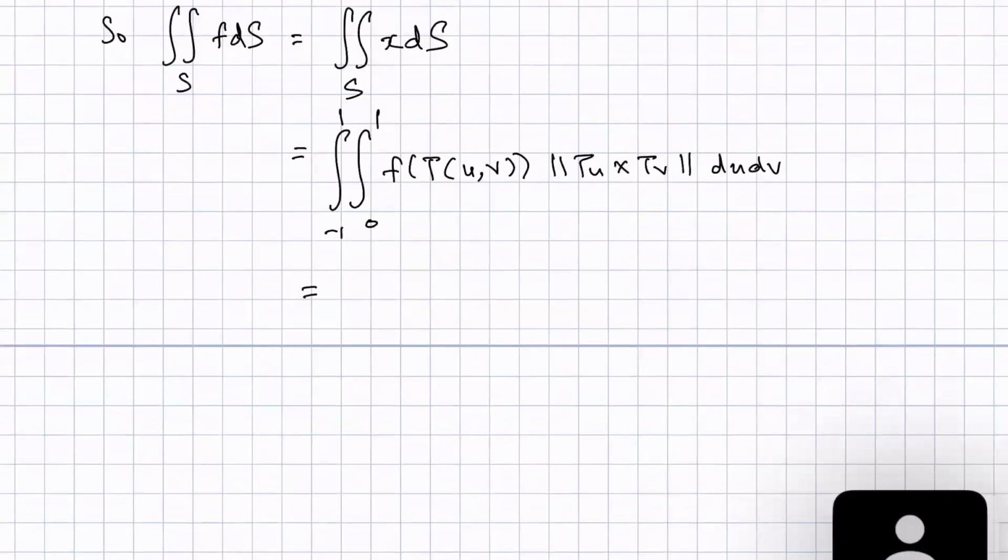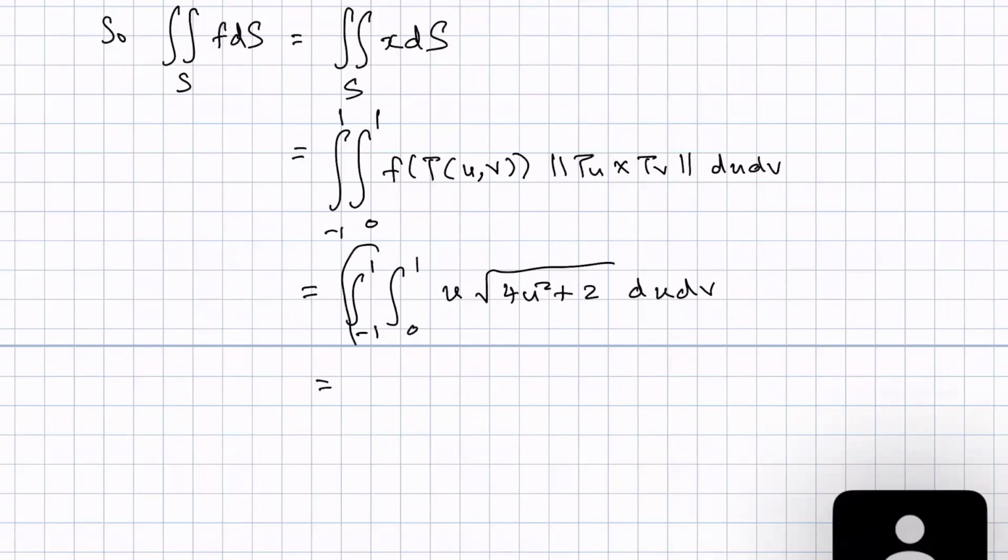All right, so f of T of u, v is just taking the first coordinate. So f is just u, and then I have the square root of 4u squared plus 2, du dv. Now there are no v's in this integrand. So I just take the top value of v and subtract the bottom value of v and get 2.